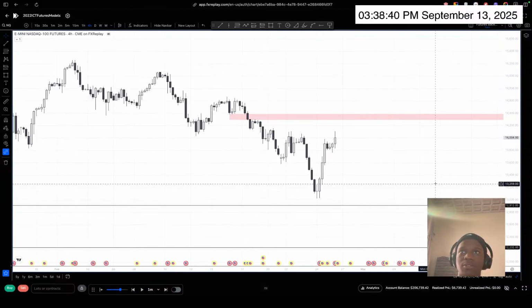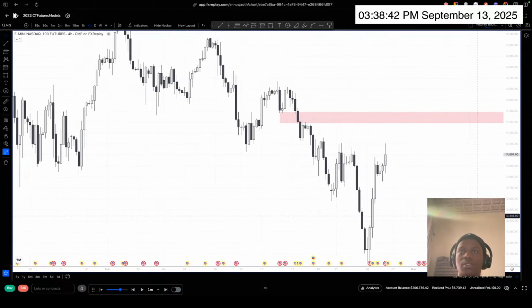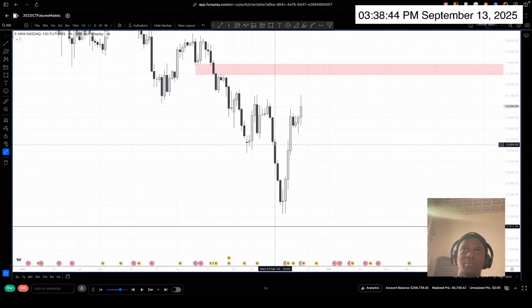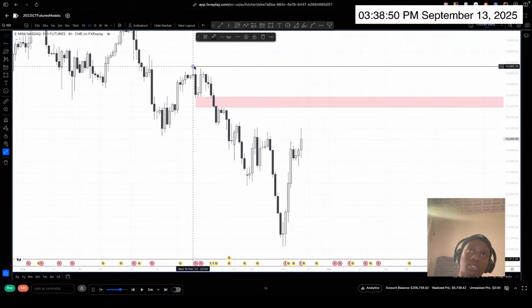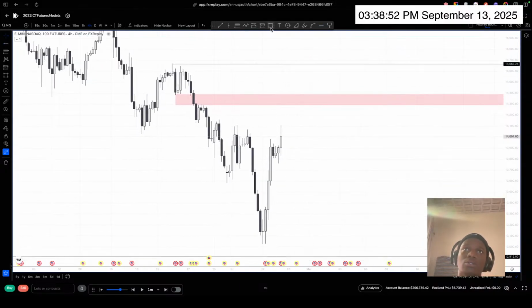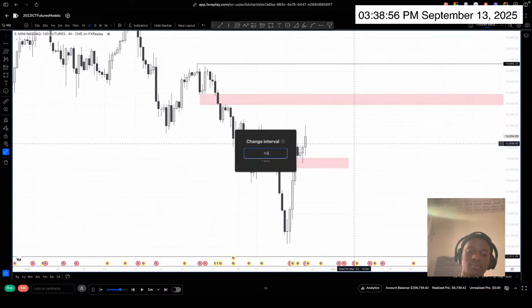And go down the 4H. You can see we've embraced multiple gaps here. Targeting this here and maybe potentially this highs. So first thing at mark is this gap here.